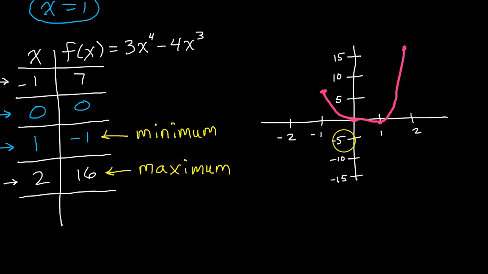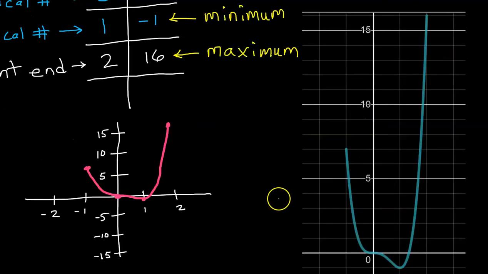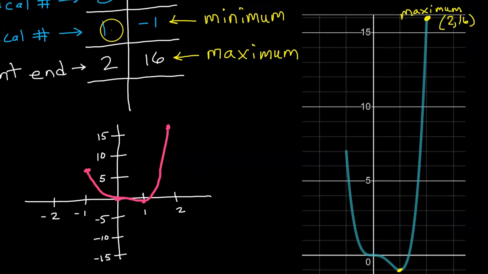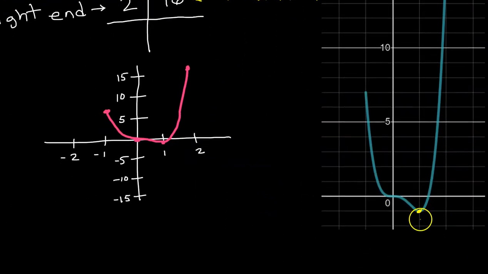All right, let's check this electronically. So here's a better look at the graph, and you can see our maximum right here at 2, 16. And you can see our minimum right here, as predicted, at the point 1, -1.